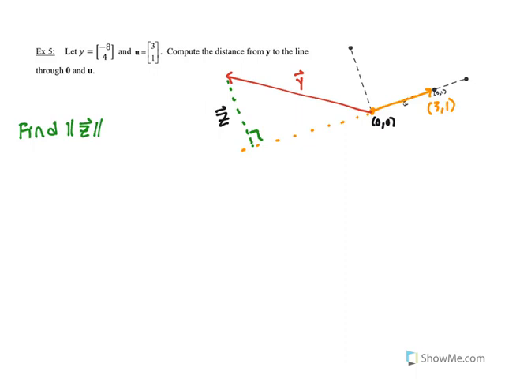We're going to project the vector y down onto the line. And then we are going to do y minus y hat to find z. So first I need to find y hat.